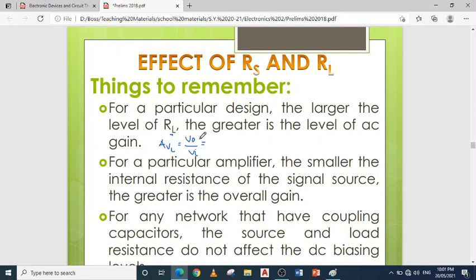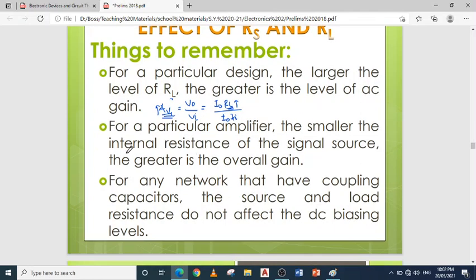Ngayon, since may RL tayo, say we have the IO RL divided by II. Tapos, since wala pa naman si RS diyan, so ZI muna tayo, okay? So, sinabi dito kapag the larger the level of RL, the greater the level of AC gain, di ba? Kasi si gain is directly proportional doon sa RL. Okay, so kapag tumaas siya, of course, tataas din yung AV natin.